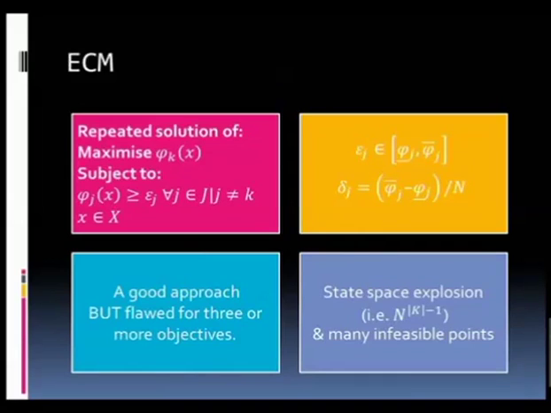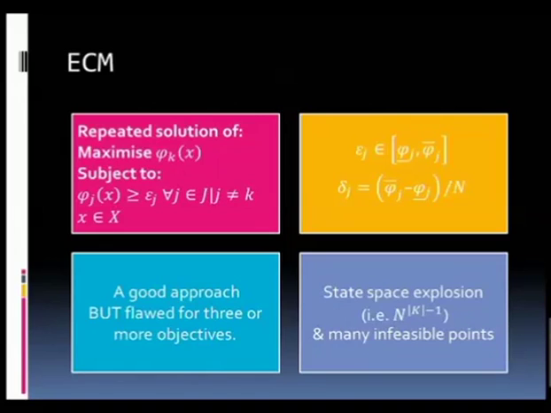So the ECM method is really just a repeated solution of a particular type of optimization problem. So you choose one of your objective functions to maximize, in this case, and then you solve the problem and you put bounds on the other objective function values. So by changing this epsilon j value, you can work out the entire Pareto frontier.